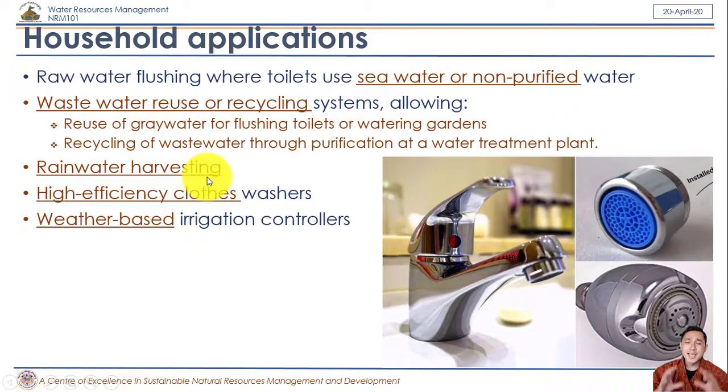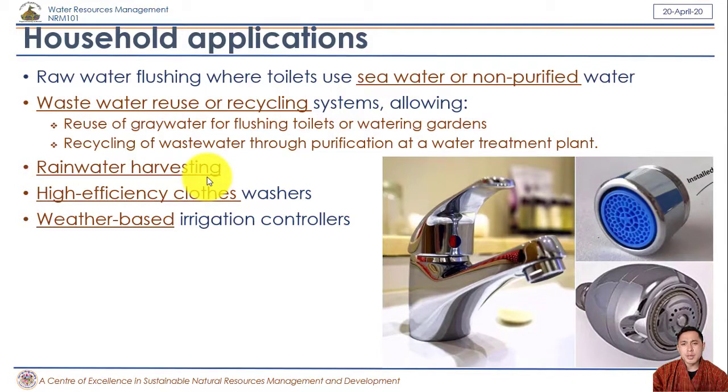Rainwater harvesting: if you have buckets, or a syntax or a huge container, you can always keep it near the gutter of your CI sheet roof, so that when rain falls, the rain is not wasted, but you collect it.